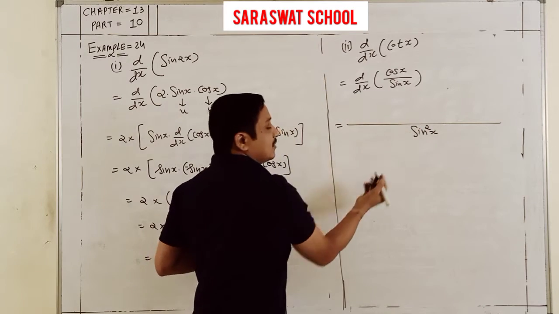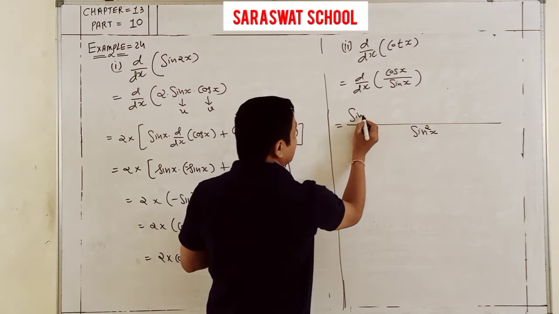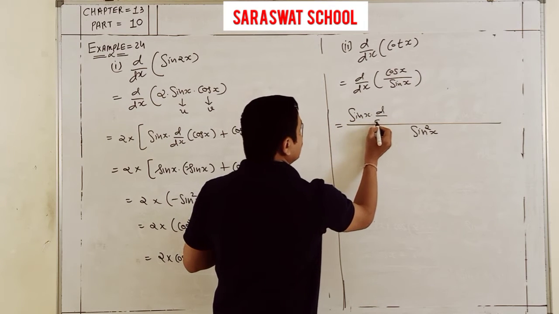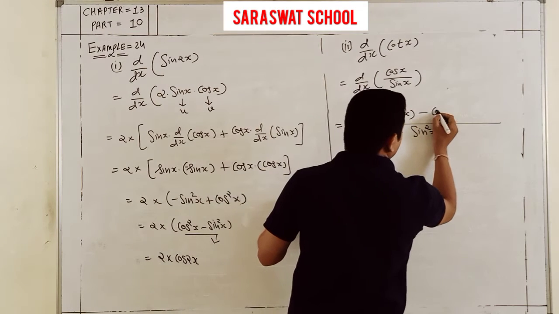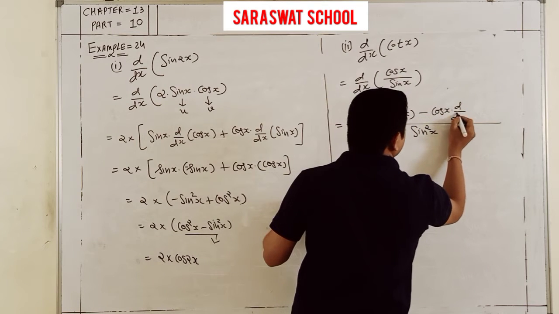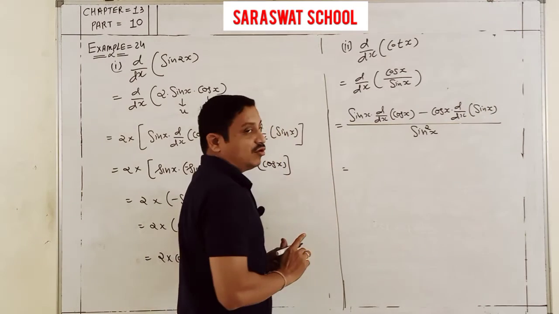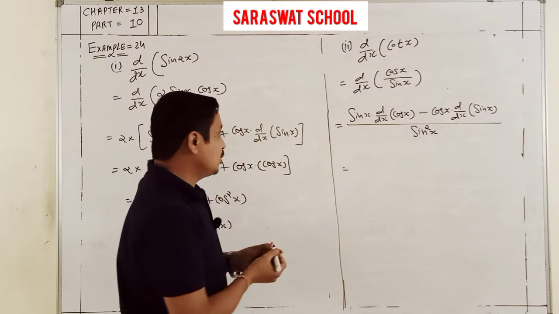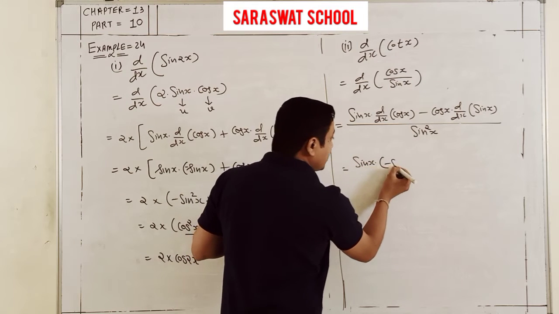All of you know that simple way. Now denominator d/dx of numerator minus numerator d/dx of denominator, and use the formula. So your answer is sin x same, cos derivative minus sin x.